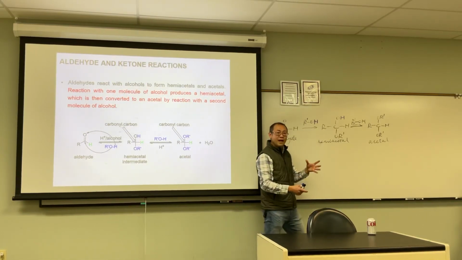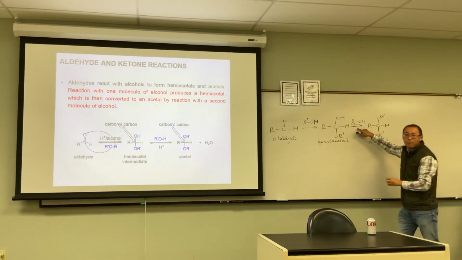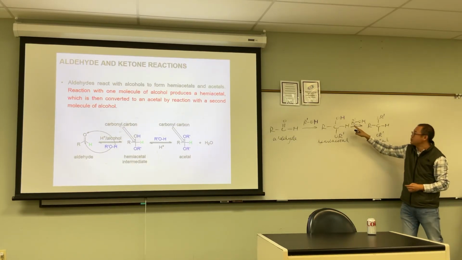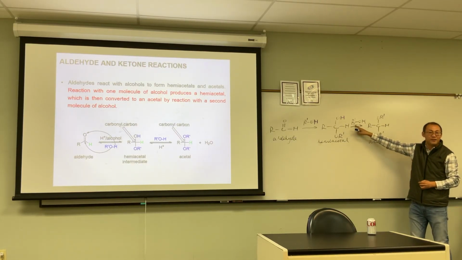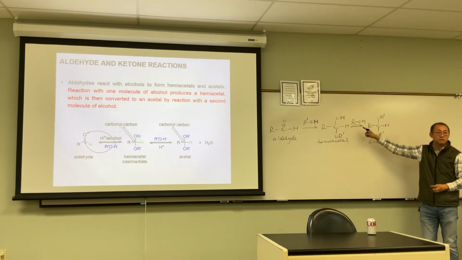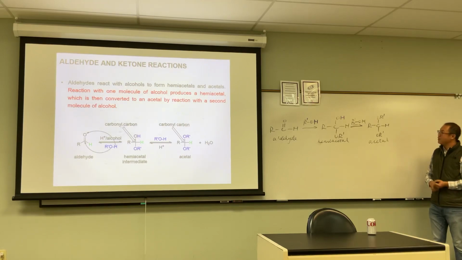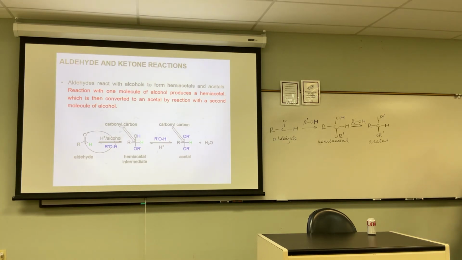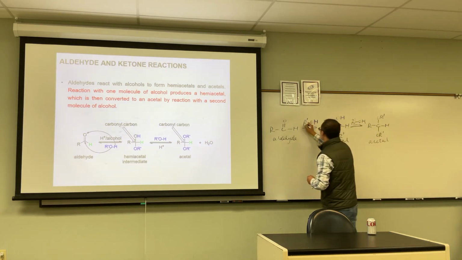And then you can add another alcohol by replacing this OH with what? With another OR. Again, we're counting two alcohols. Where are they? They're here. You see that? Let me put it in green.